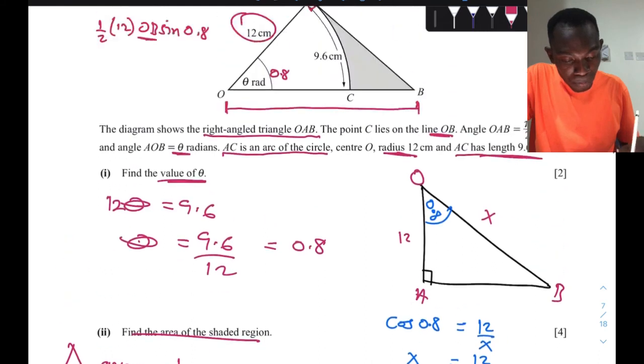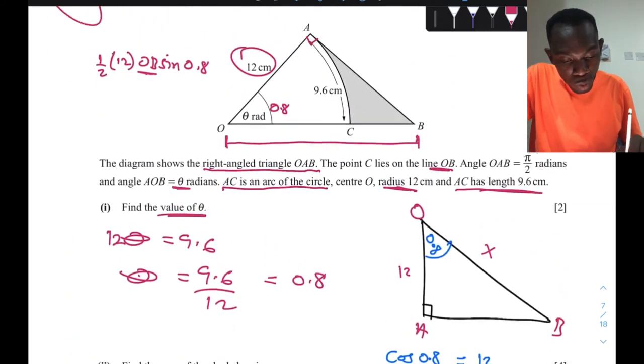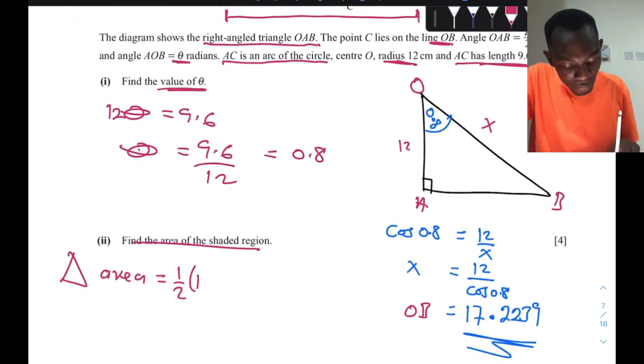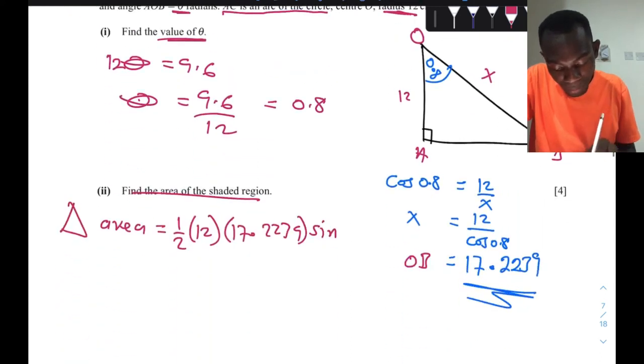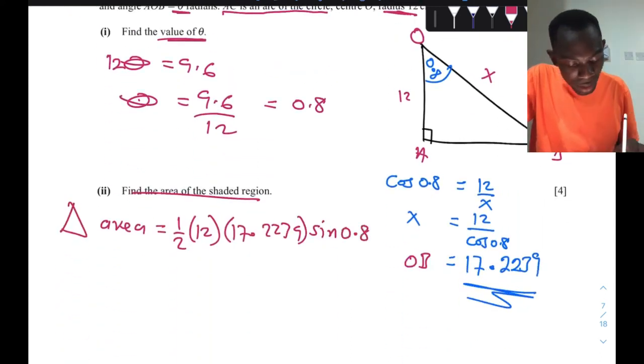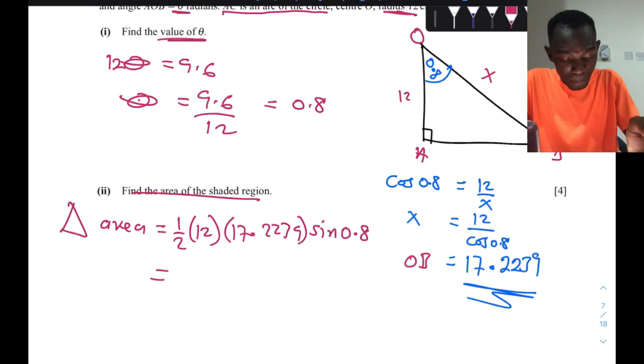You'll be in trouble. So what you want to write is half times 12 times 17.2239 times sine of the angle, which is 0.8, and then put that on the calculator.